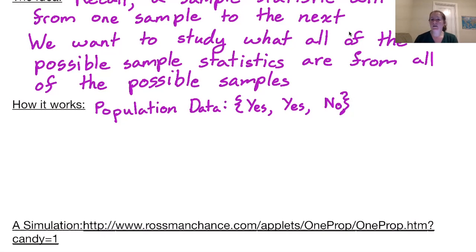So we just have our 3 data values in our set, and let's look at samples of size 2.